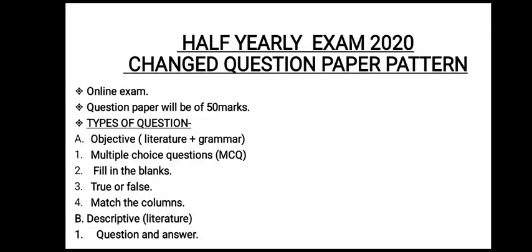Now let us see the second kind of question. First was objective and second is descriptive. In descriptive, question and answer type of questions will come, like answer the following questions which are given at the back side of your literature chapter.